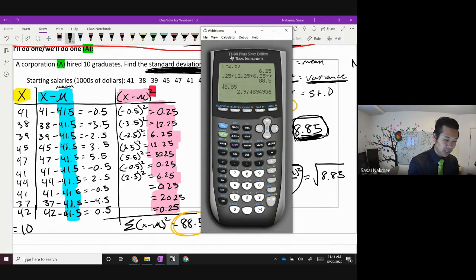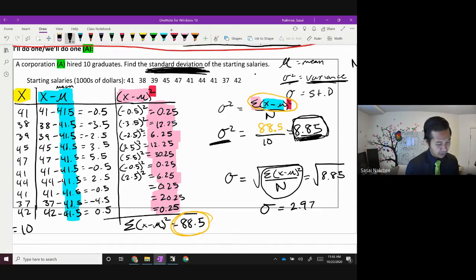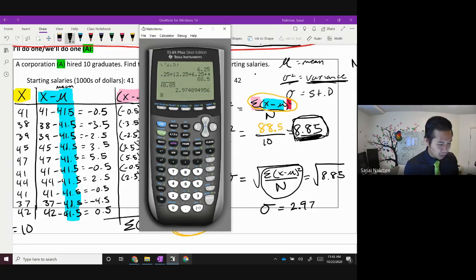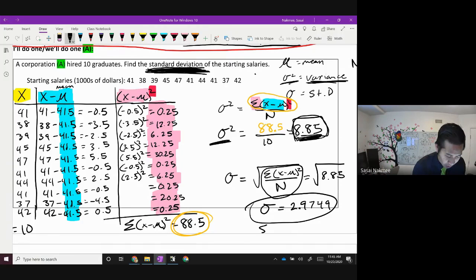So my answer for this one is 2.97. If you really wanted to, you could go further and write down more decimal places. I would go to no more than 4. But that right there, that is your answer. That is your standard deviation.